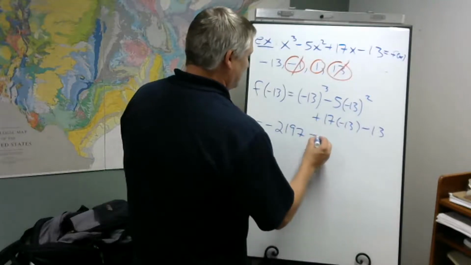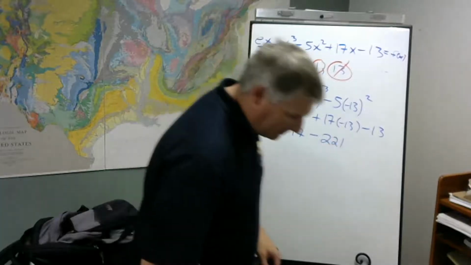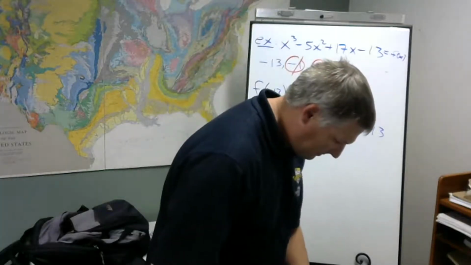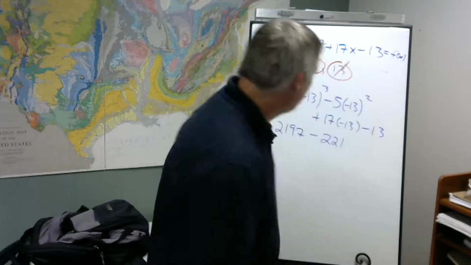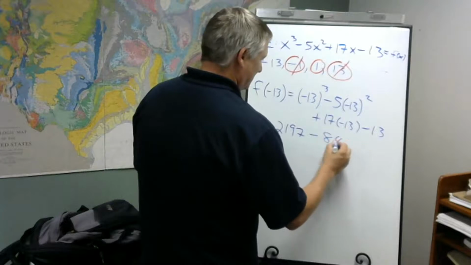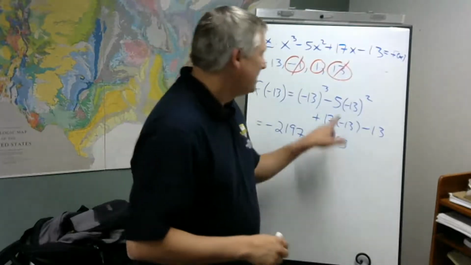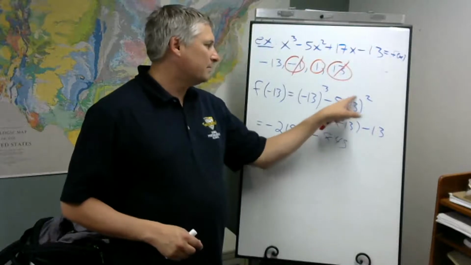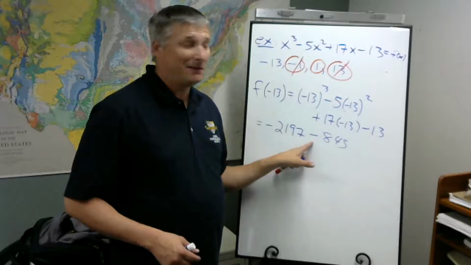And then we'll have negative 845. And this is another positive times negative, because this will get squared, so this will become positive times a negative, so we end up getting a negative.